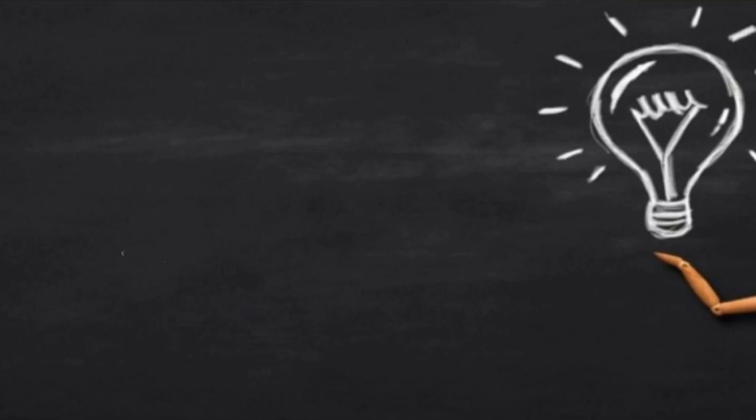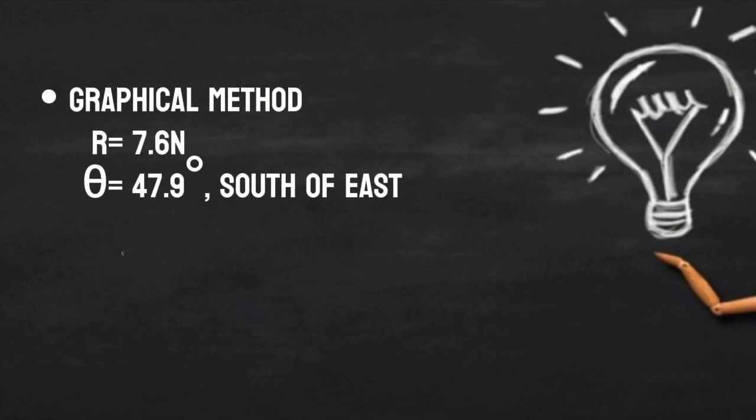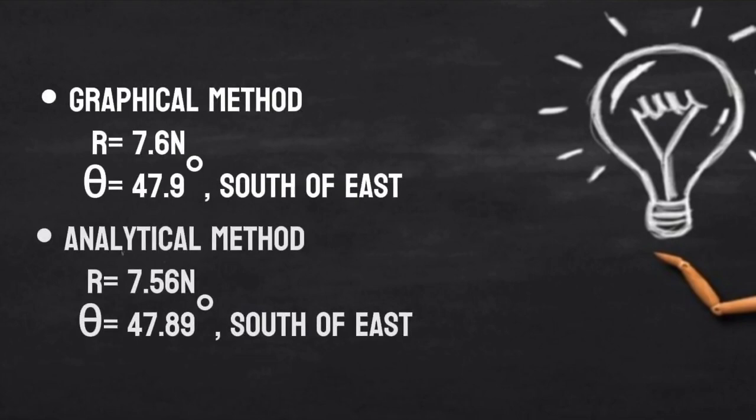So, here are the following answers when we use the graphical method and the analytical method. But haven't you noticed that the answers are likely similar? When we use the graphical method, we get resultant vector is equal to 7.6 newtons at 47.9 degrees south of east.